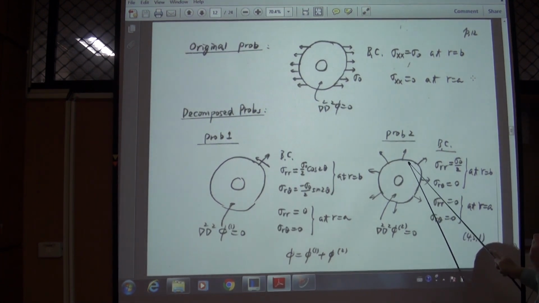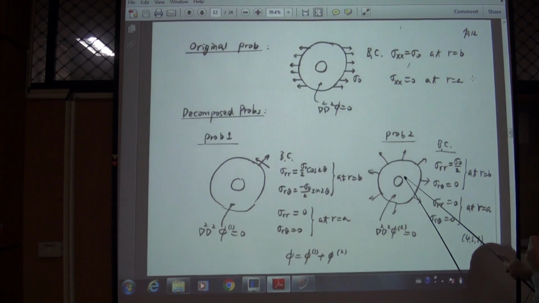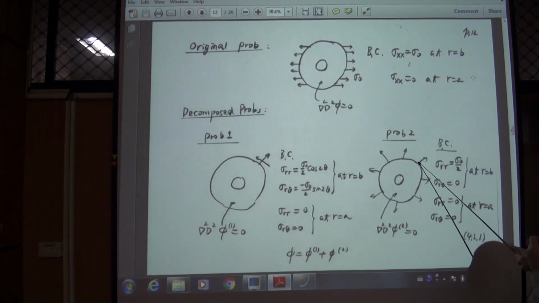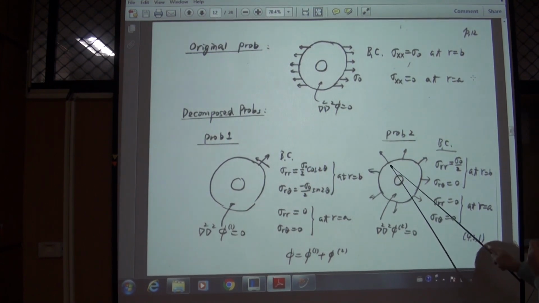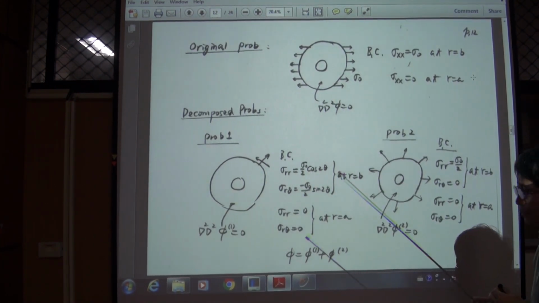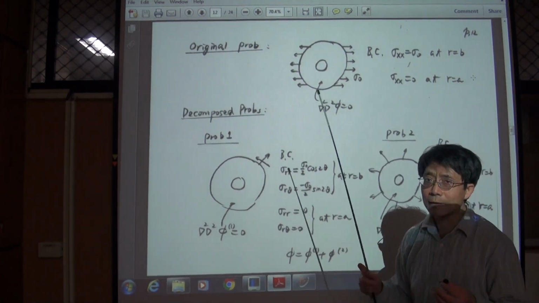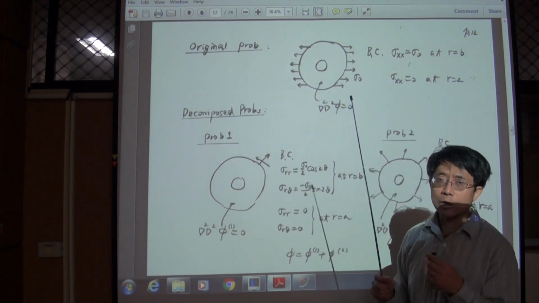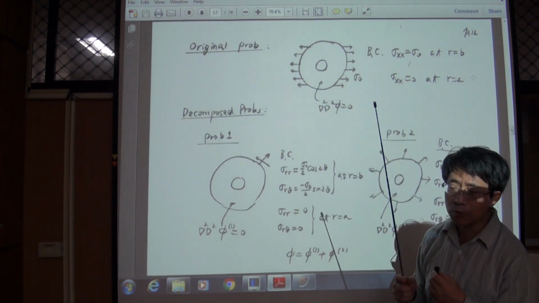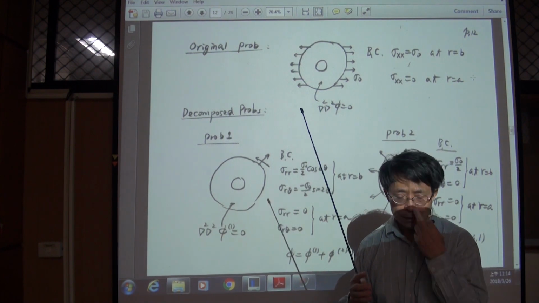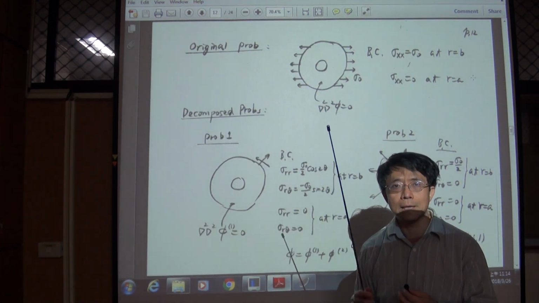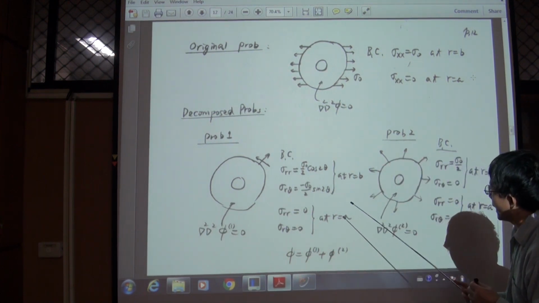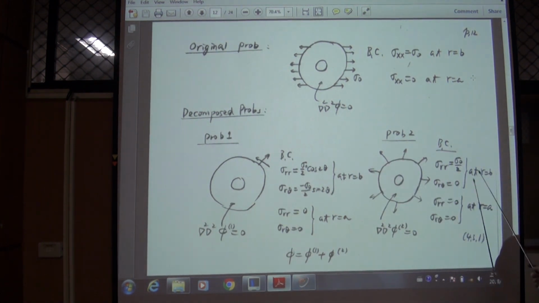It is a circular plate with a circular hole subjected to what? To some radially symmetric loading. So you can expect that the stress distribution doesn't depend on the value of the angle theta, right? So we have a radial symmetry here.